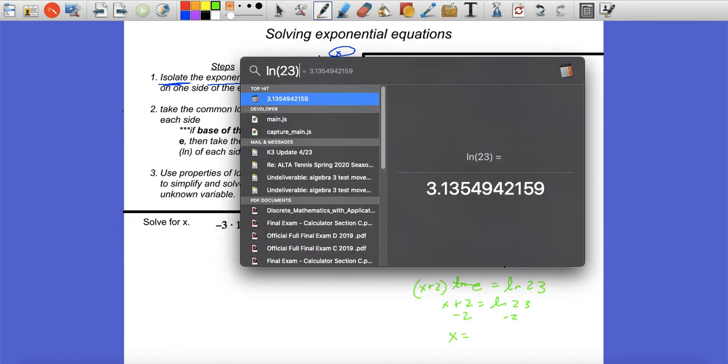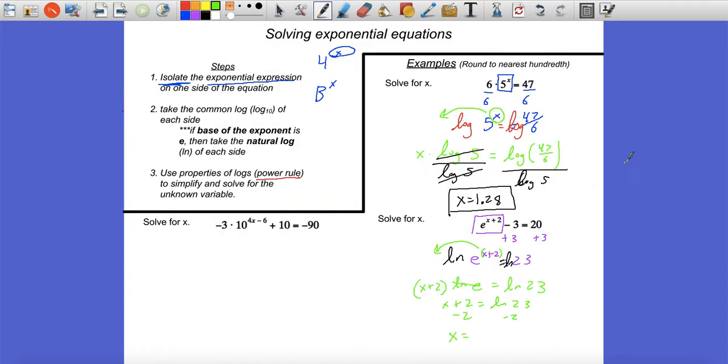Natural log 23 is 3.14, and then we subtract 2 from that, so x equals 1.14. That's our final answer.